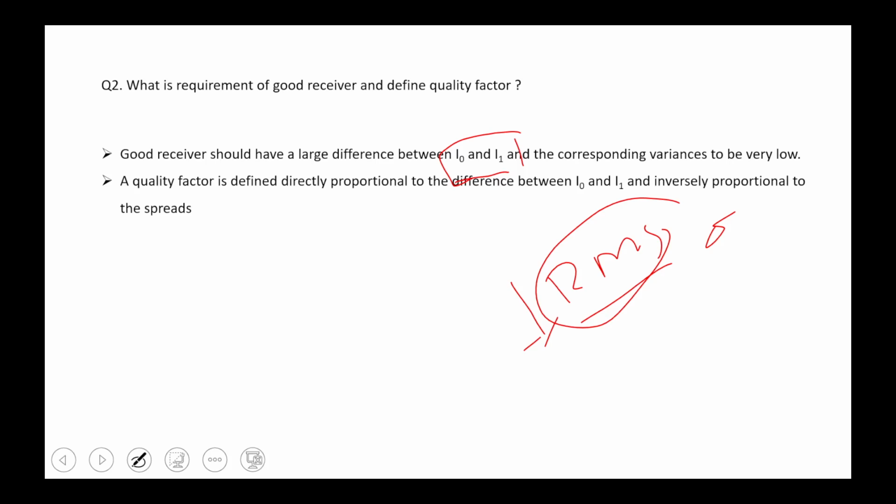Okay. Anything else? Does anyone want to add something? Q is equal to 1 by omega CR, or omega L by R.